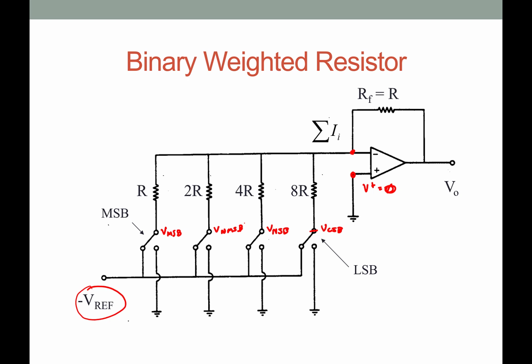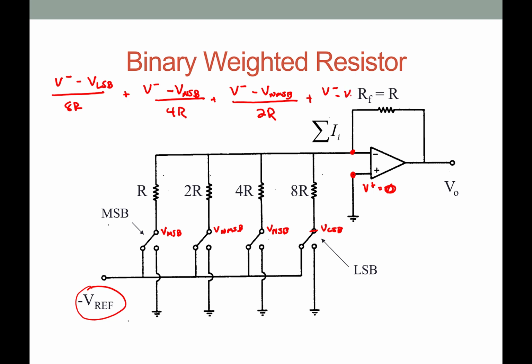So I could write an equation, and this is just to sort of give us an idea of what's happening here. We have V minus minus VLSB over 8R plus V minus minus VNLSB over 4R plus V minus minus VNMSB over 2R plus V minus minus VMSB over R. And sorry, I'm going to have to write over here.